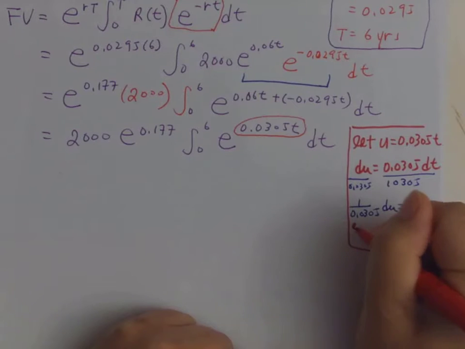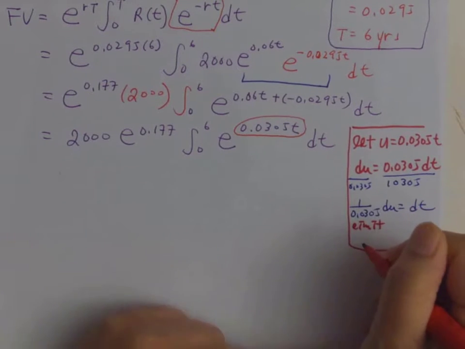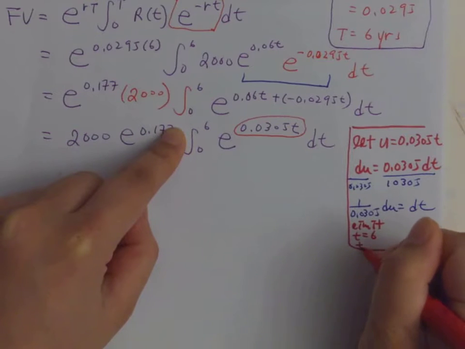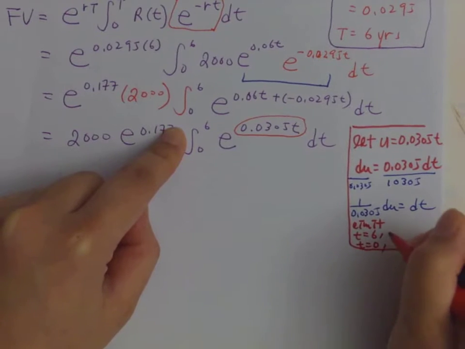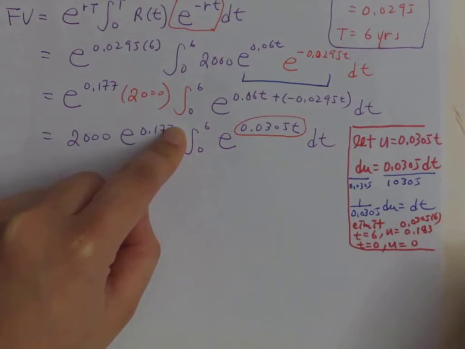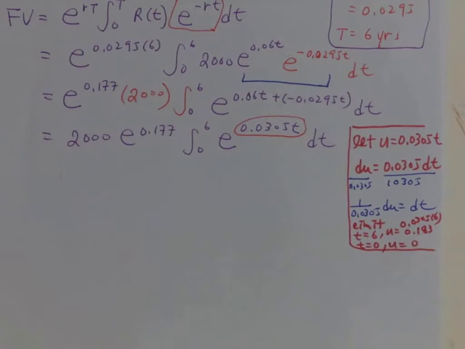We also need to look at the limits. We started with t equal to 6 and t equal to 0, so u needs to be 0.0305 times 6, which is 0.183. For the second one, anything multiplied by 0 is 0. Those are my new limits, lower and upper.